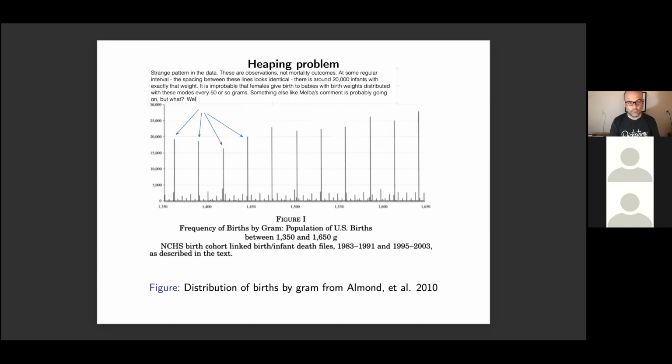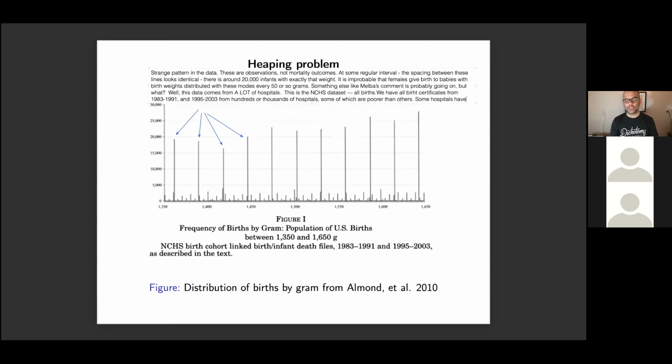Well, this data comes from a lot of hospitals. This is the NCHS data set, all births. We have all birth certificates from 1983 to 1991 and 1985 to 2003 from hundreds or thousands of hospitals, some of which are poorer than others.